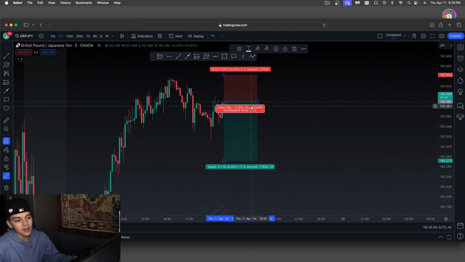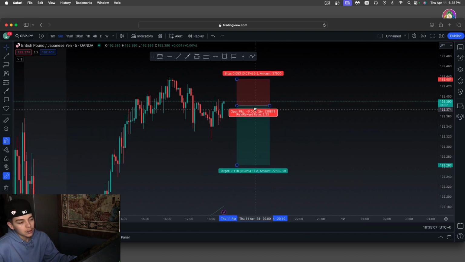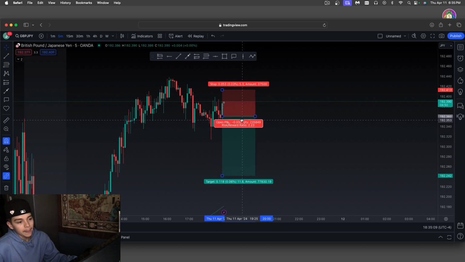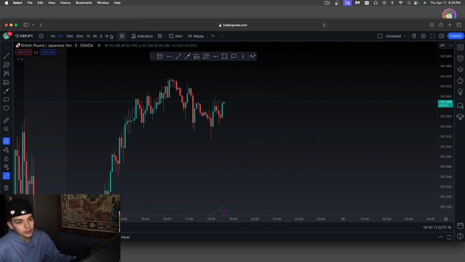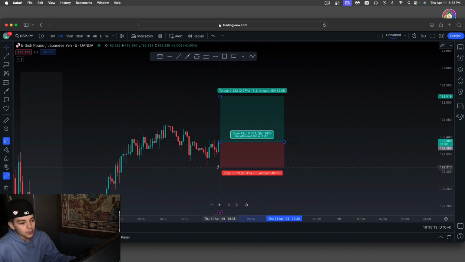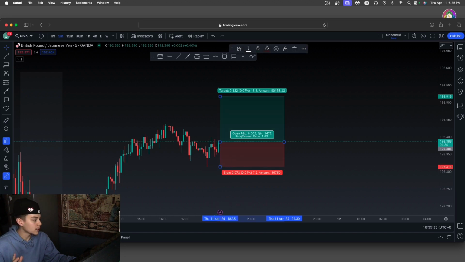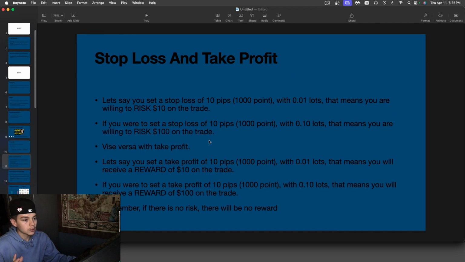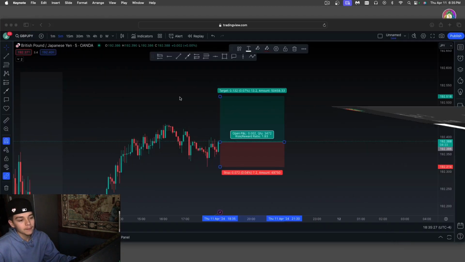Right now, this is a little fake trade. I'm not in a trade. You can move it around. But let's say, boom, let's get rid of that. Place a buy, boom, 10 pip stop loss. We're risking, what was it, $10? Yeah, risking $10 on this trade.